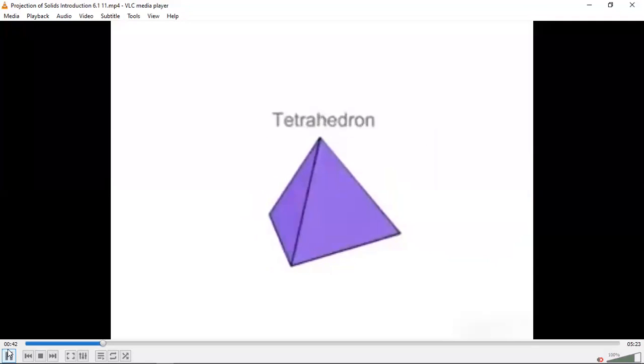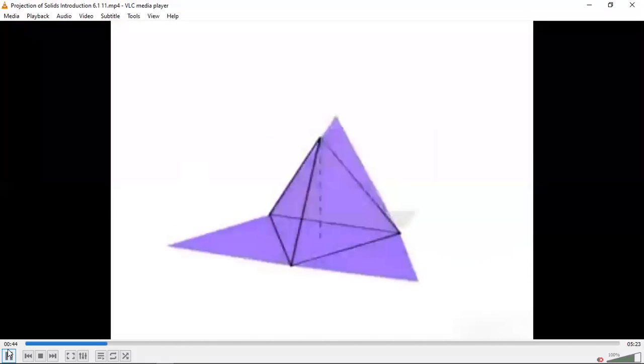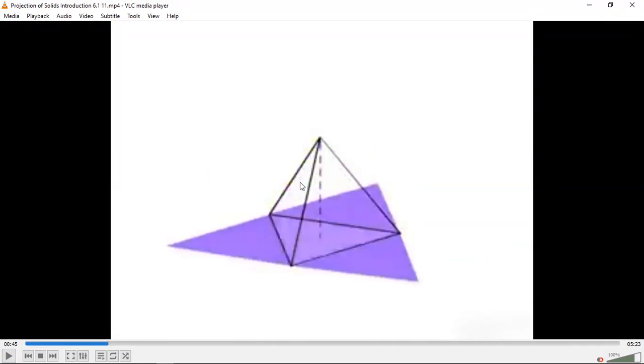So just have a look at this, how the tetrahedron looks. This is the equilateral triangle. The base is here. This is one slant equilateral triangle, and this is also one of the slant equilateral triangles. So there are three slant equilateral triangles, and the base is also an equilateral triangle. All four faces are equilateral triangles in the case of a tetrahedron. That we need to know.